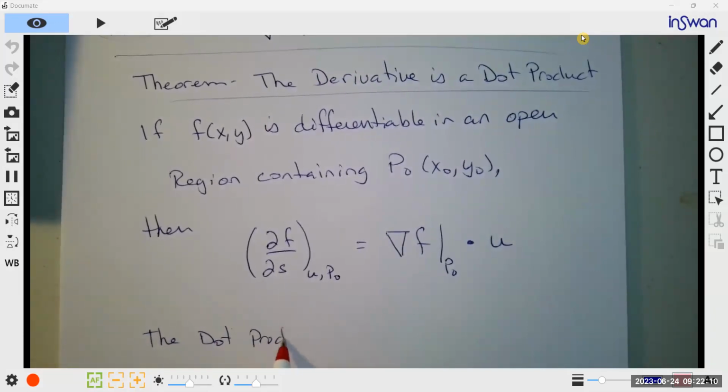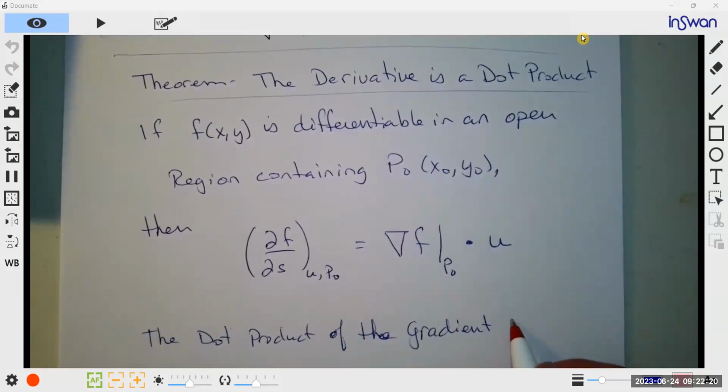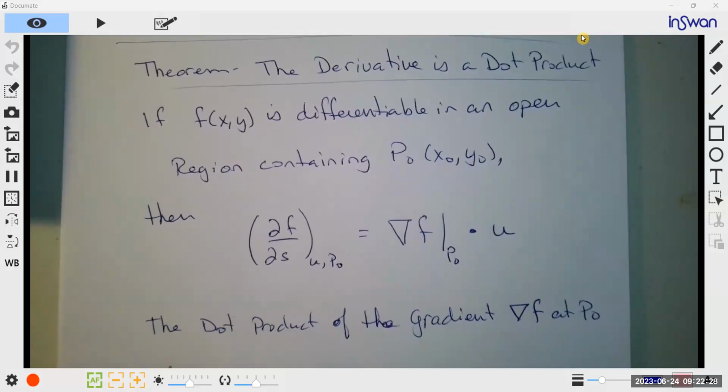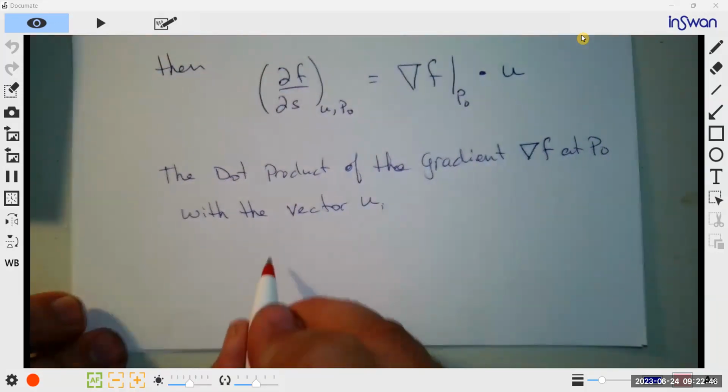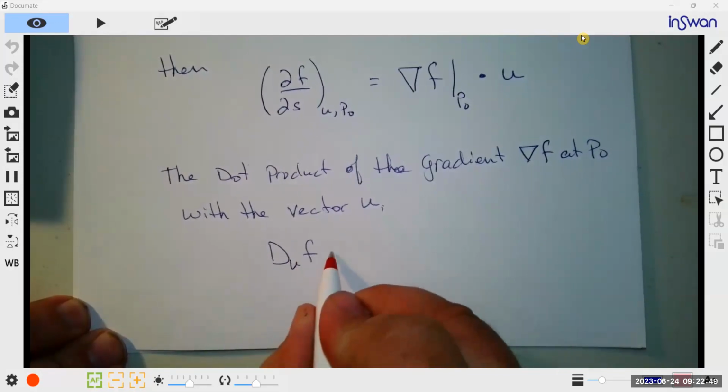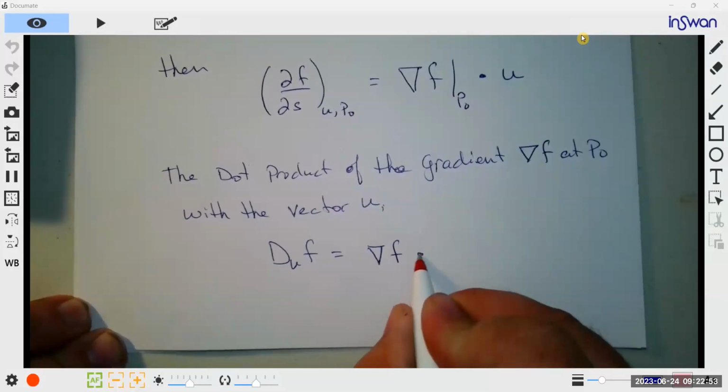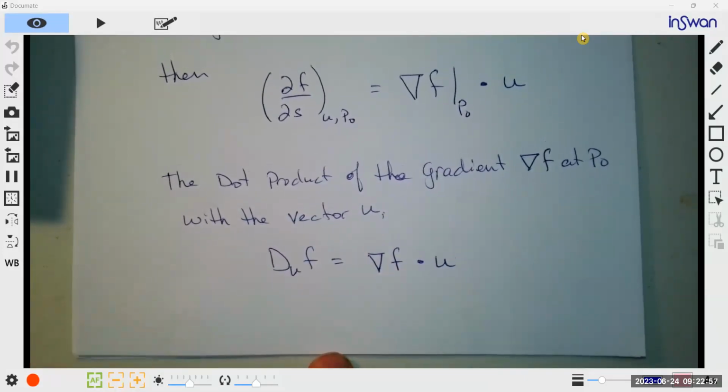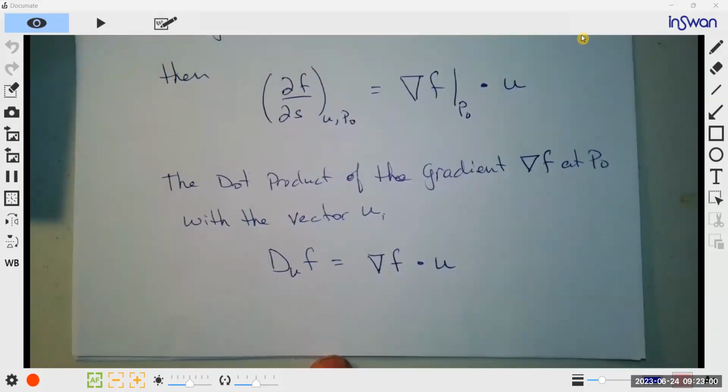The dot product of the gradient del f at p sub 0 with the vector u can also be written as follows, so it just makes it much easier to look at.